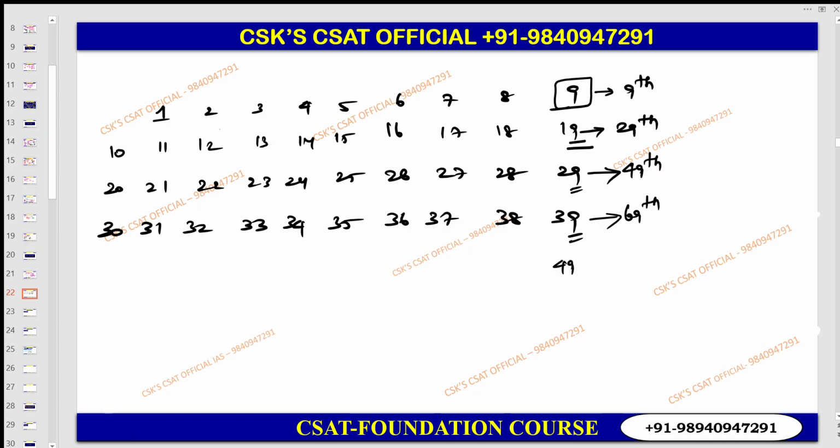Then the 9 of 49 going to be the 89th. In the 59, this 9 going to be the 109th. Getting the logic? Then next one is 60. So this 6 is nothing but the 110th, and this 0 is nothing but the 111th.